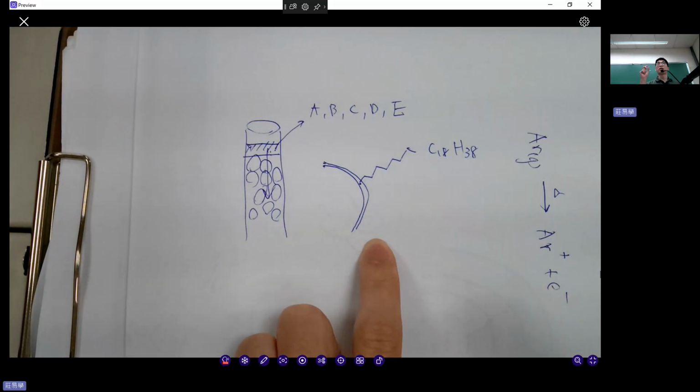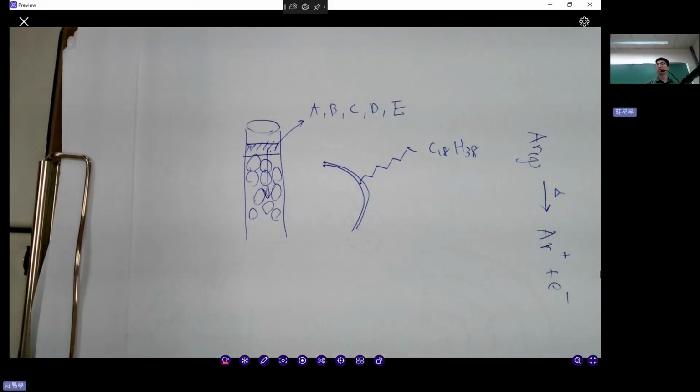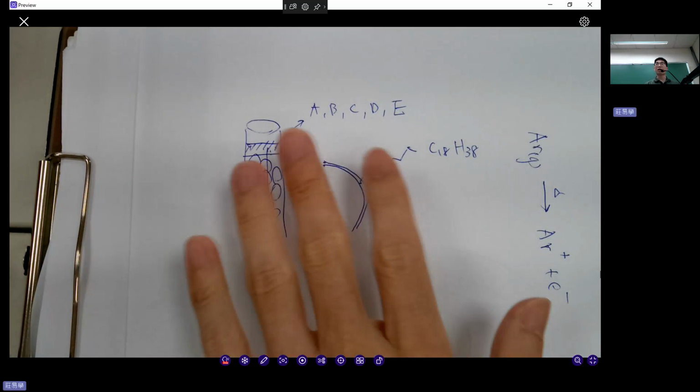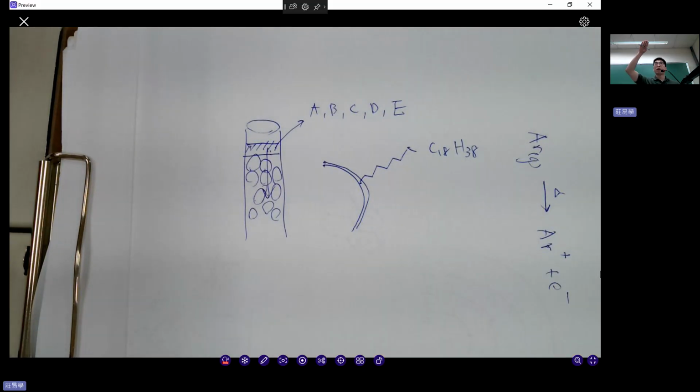For compounds without a high hydrophobicity, they might pass through the bits very quickly. So that's the reason why these 5 different compounds can be separated when they are flowing downwards. Okay, does it make sense?